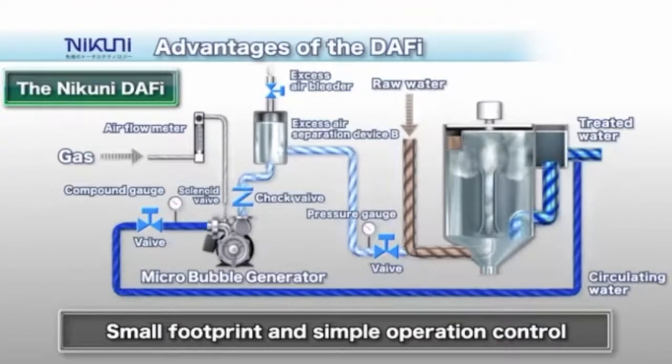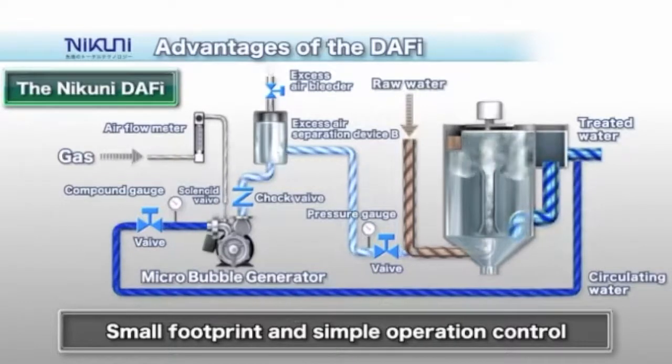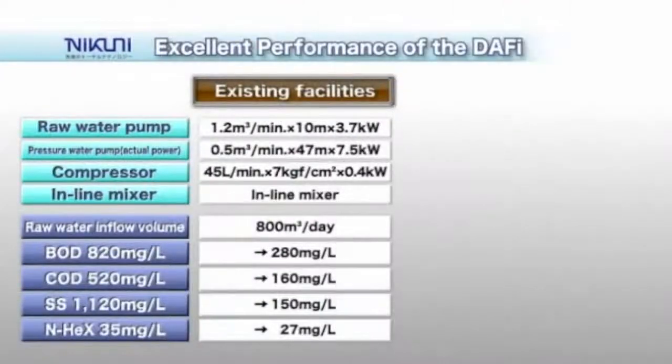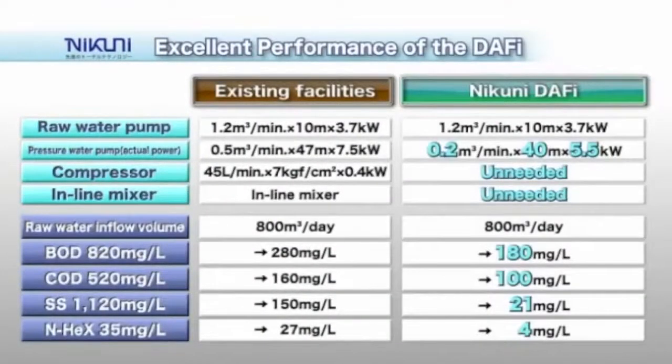Attaching an excess air separation device to the piping on the discharge side of the KTM microbubble generator allows the system to supply high-quality microbubbles with stable diameter-sized bubbles. The Nikuni KTM unit features a compact pressure water pump and eliminates the need for an air compressor, inline mixer, and dissolution tank.